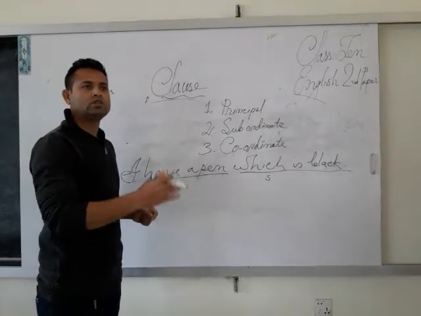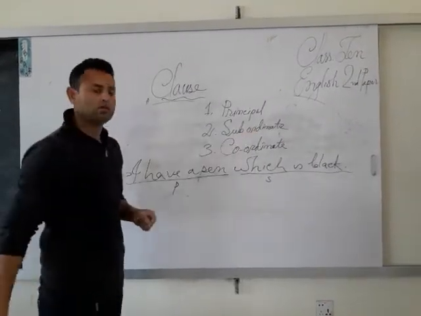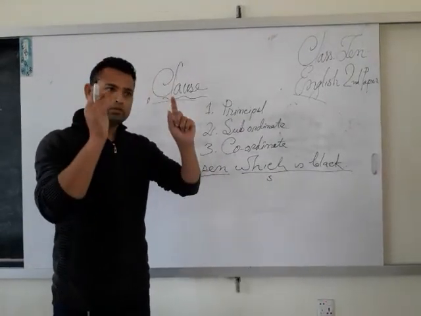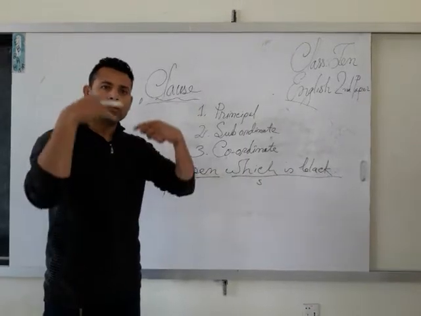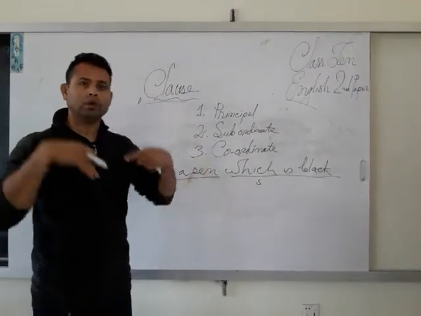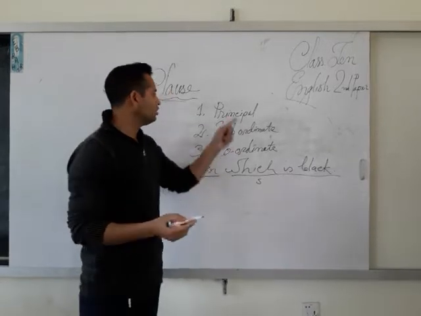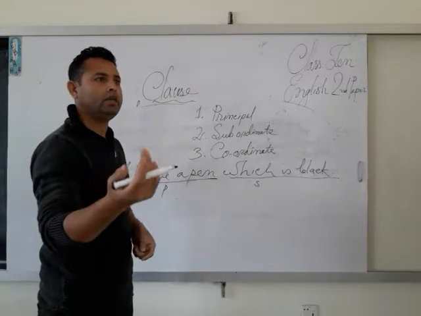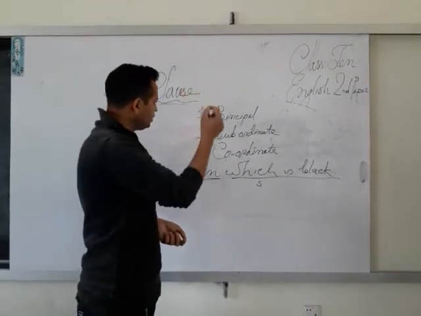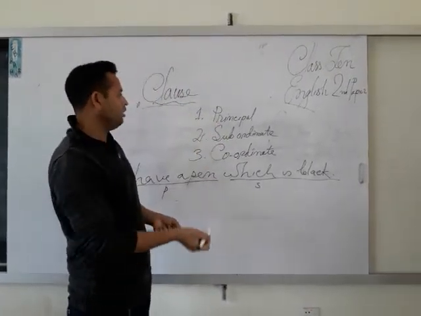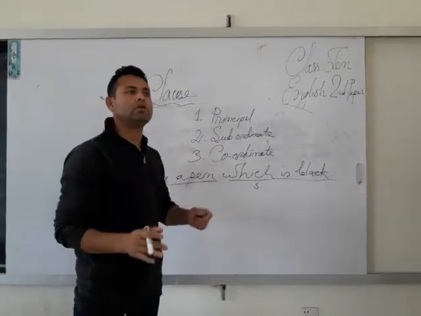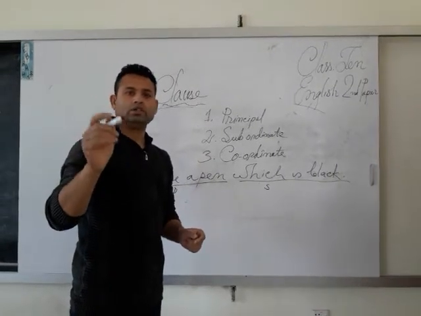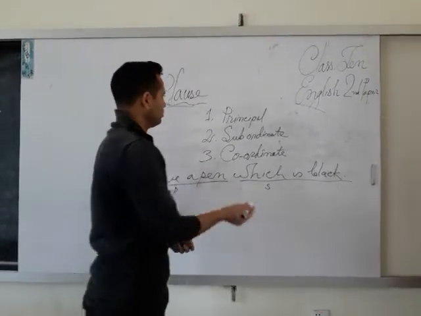It does not depend on another clause. A principal clause is a clause which does not depend on another clause. That is why the other name of principal clause is independent clause, because the clause does not depend on another clause.